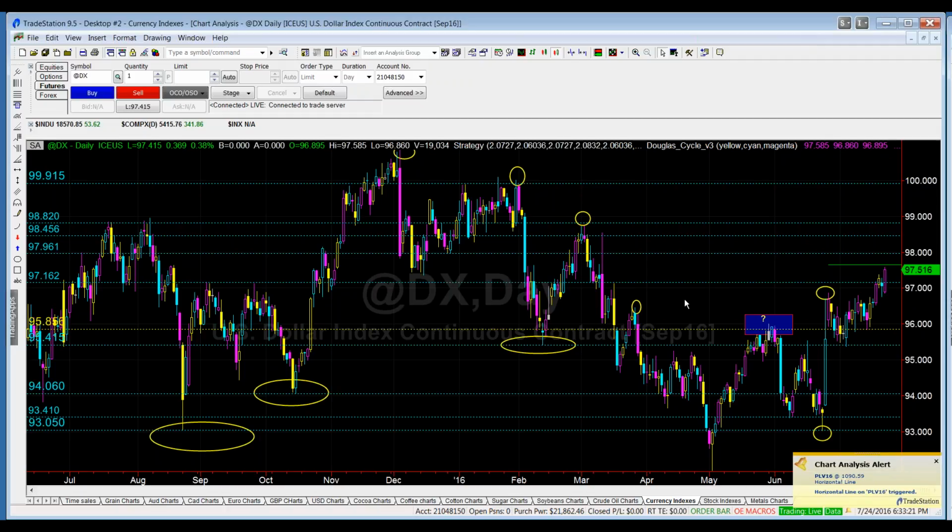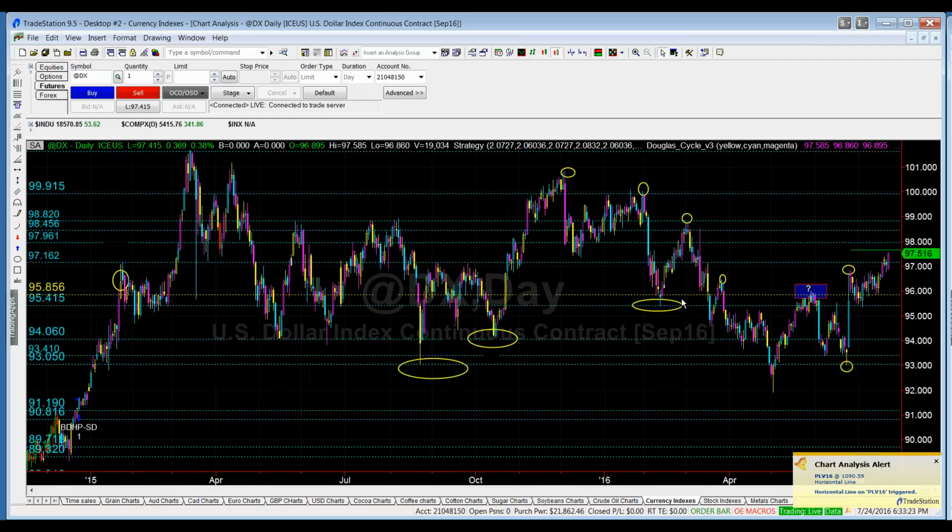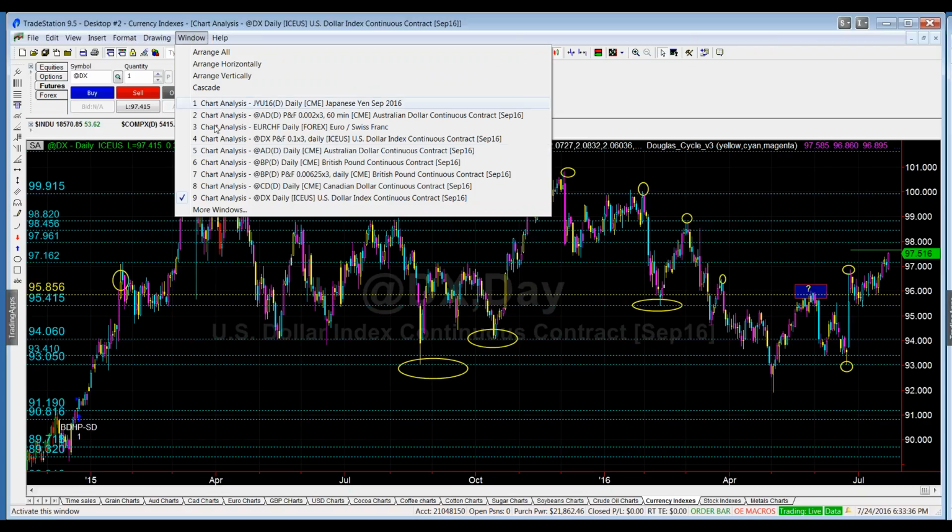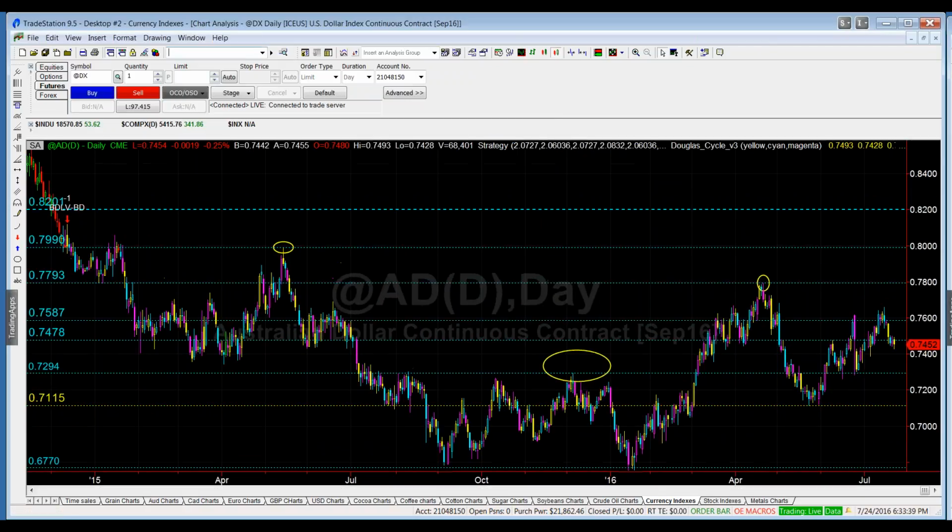Okay, so as I said, we're back on. This is the dollar, so it's going to be pushing higher. If you look at the Australian, we'll take it in order. You see the capital flow, no money is going into the euro. The money is leaving the euro, and it's trying to find a safe haven.